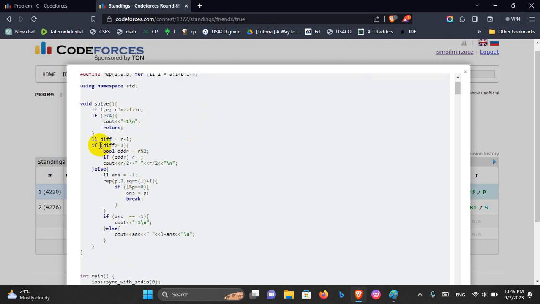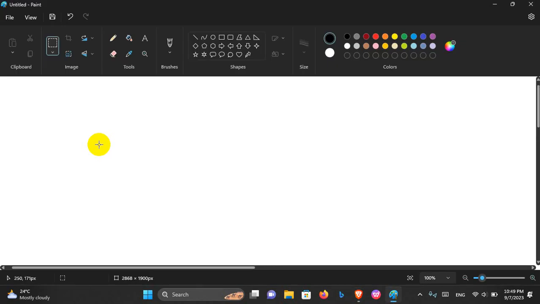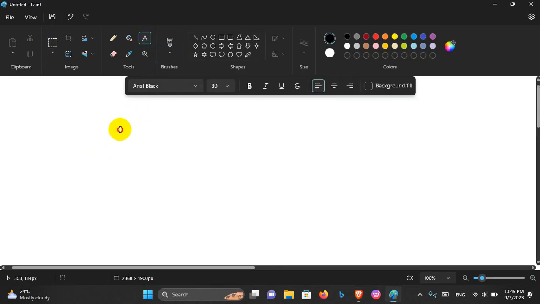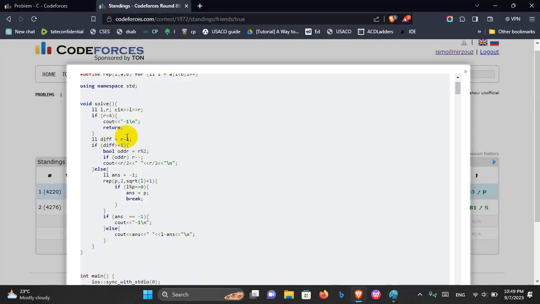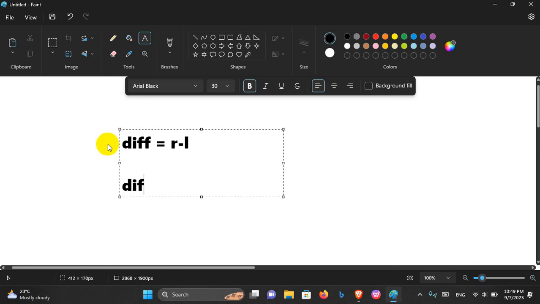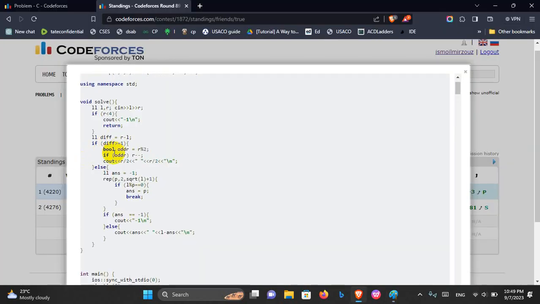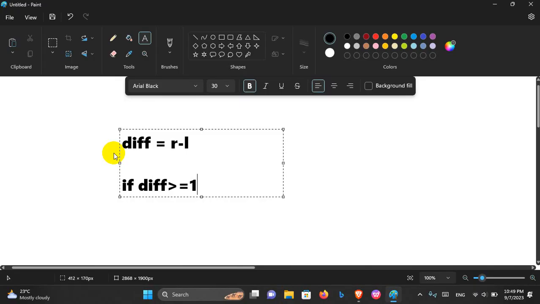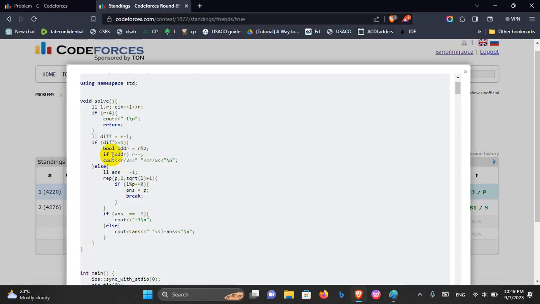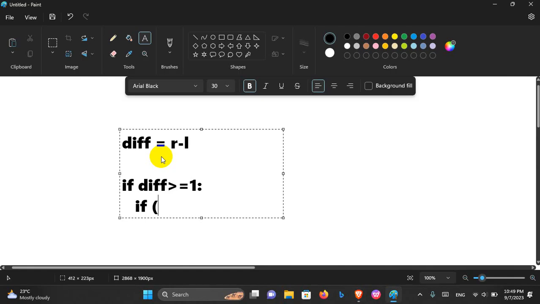Otherwise we need to get the difference between R and L. If this difference is bigger than 1, or our value is odd, then what we have to do is subtract 1.